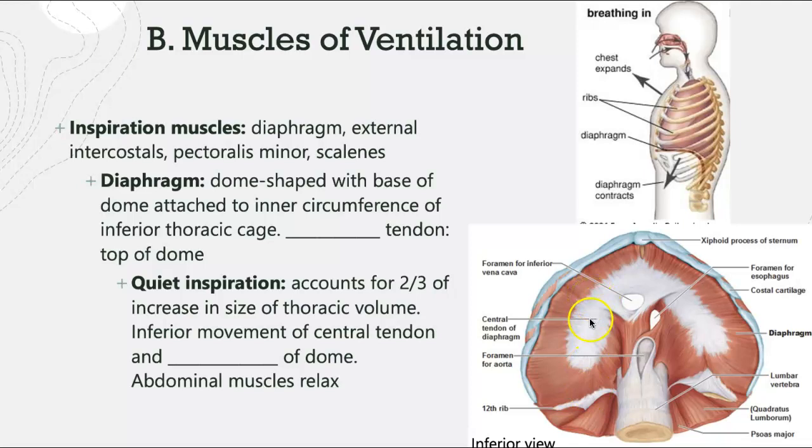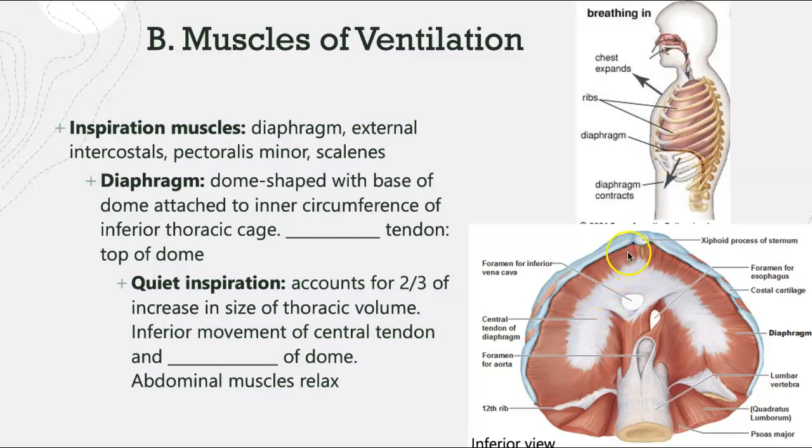And then we have our external intercostal muscles that we will find sitting in between the ribs here, and our pectoralis minor muscle, as well as those scalene muscles in the neck. Like we said, when we are inhaling, our diaphragm is going to want to contract. So it is going to pull downward so it is flat shaped.